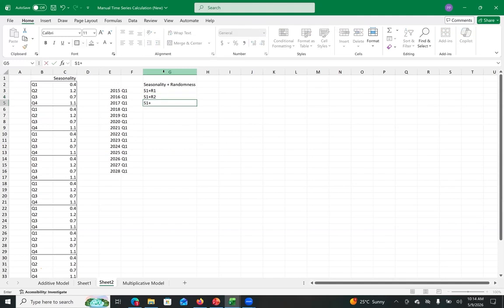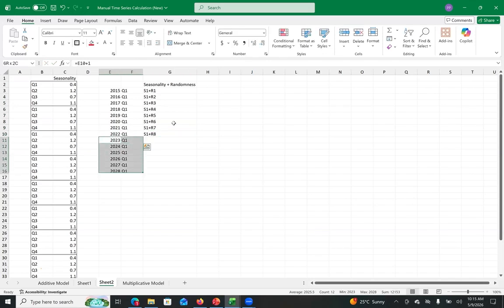Seasonality component plus R3, seasonality component plus R4, seasonality component plus R5, and so on, plus R6, plus R7, plus R8, and so on.